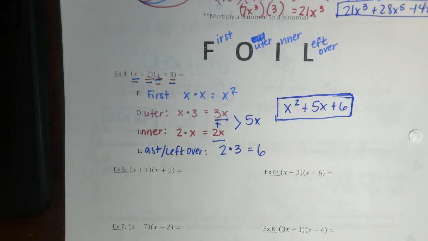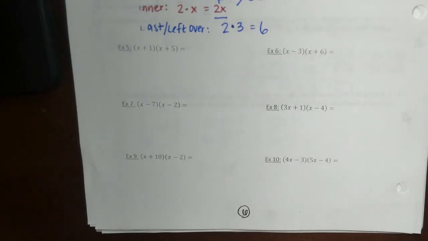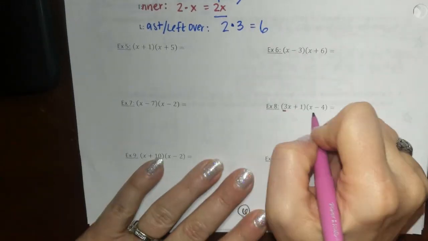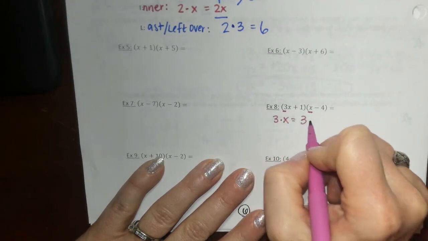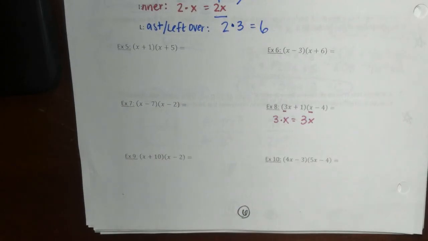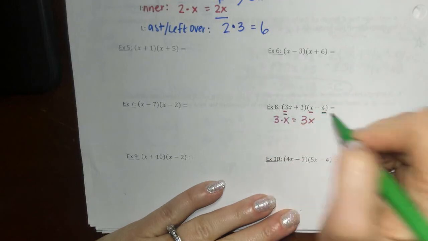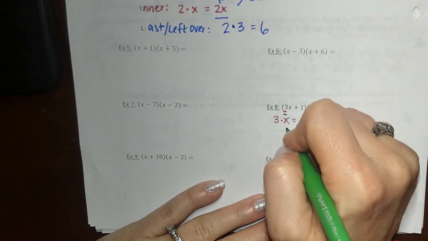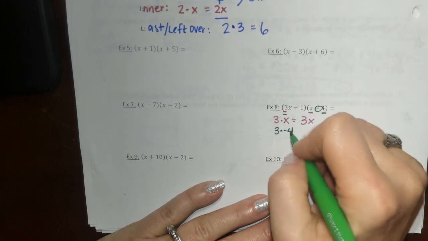Okay? So let's do an example down here. Let's do number 8. All right, we're going to do first, 3 times x is 3x. Outer, the outside ones, 3 times negative 4. And remember, this negative sign goes with the 4.